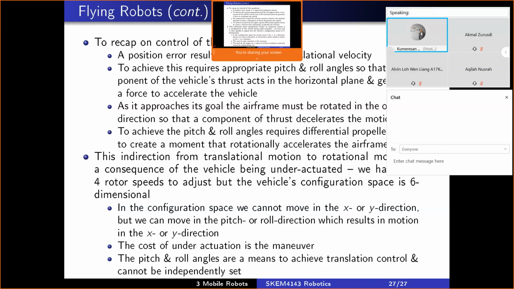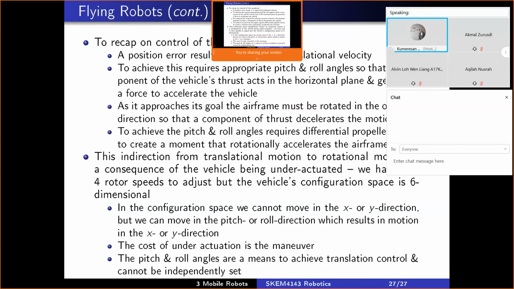First of all, you have a position error. And in order to make the quad rotor move from one place to another, you have to rotate the quad rotor either in a rolling motion or a pitching motion, so that there will be a component of thrust in that direction.